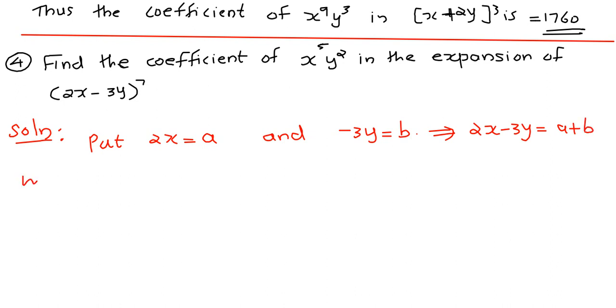നമുക്കറിയാം we have the coefficient of x raised to 5 y square. x raised to 5 y square എന്ന് പറയുന്നത് നമ്മൾ a യും b യും ആക്കിയല്ലോ. അപ്പൊ a raised to 5 b square, അങ്ങനെയല്ലേ നേരത്തെ എടുത്തേ.